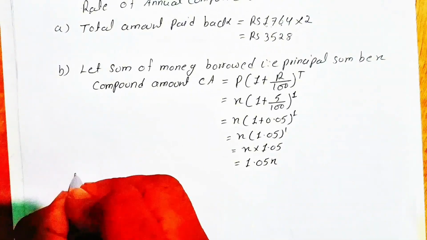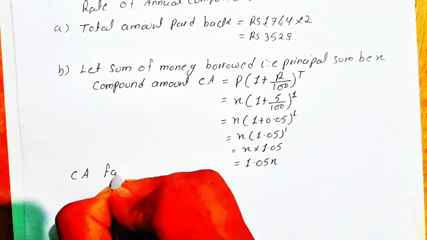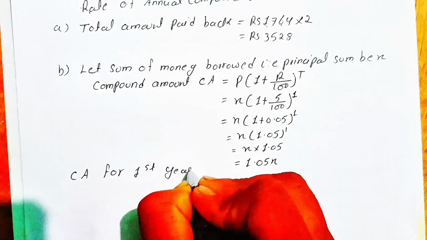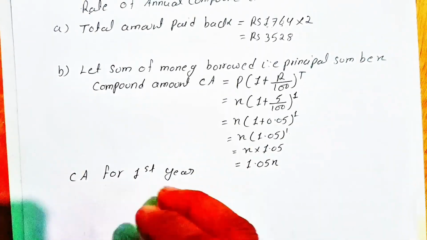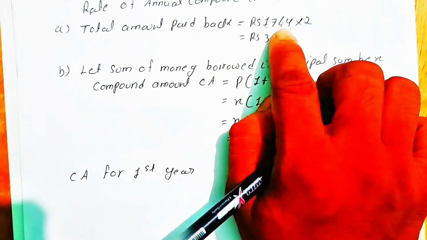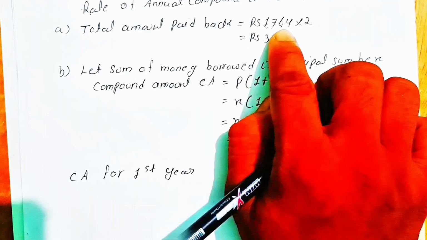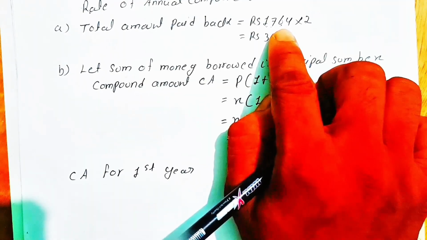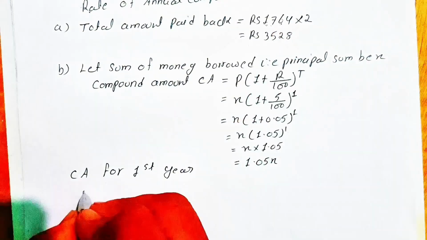Now this is the compound amount for the first year. After paying back Rs1764 as the first installment in the first year, the remaining amount behaves as the principal for the second year.